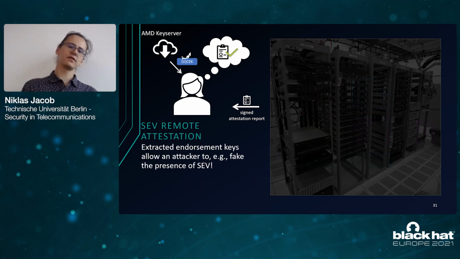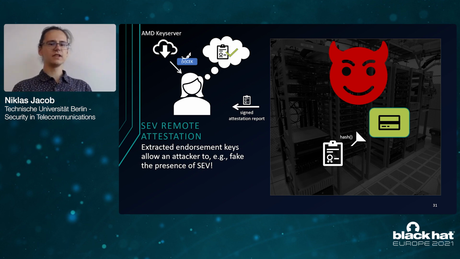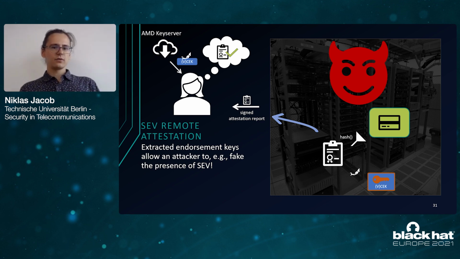The issue with the system is, of course, if we get access to this chip endorsement key, then we can set up a VM, for example, on some other system like an Intel machine, and then generate the necessary hash measurement, sign it with the extracted key, and send this attestation report to a customer who is then not able to know the difference between this fake report and the real one.